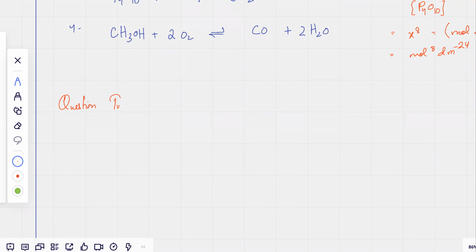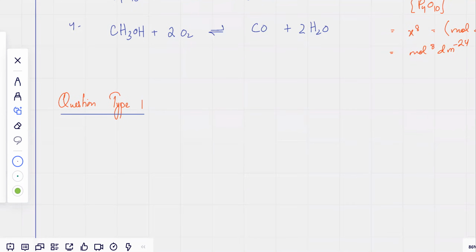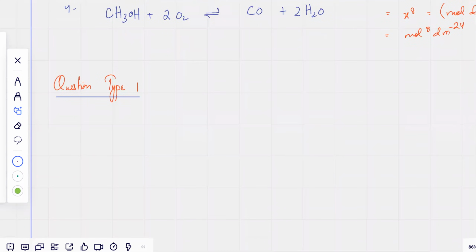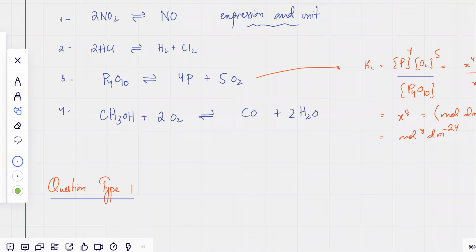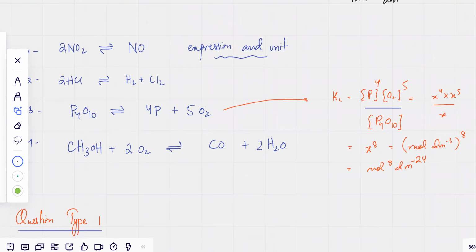So we're going to talk about the first type of questions that you're going to get about Kc. One is obviously the one that we just did, writing the expression and the units. And also remember, sometimes the unit is going to get cancelled out as well. So for example, over here, there's not going to be any unit.